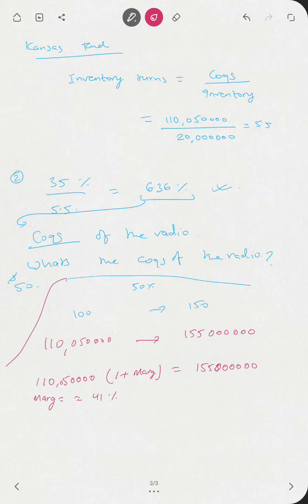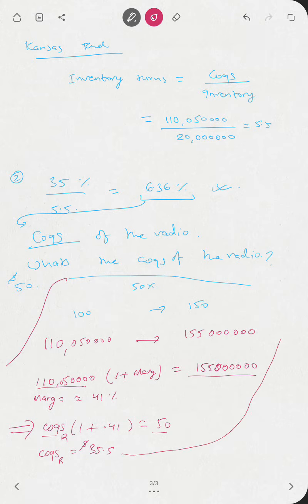Okay, so what that is saying is, whatever the COGS for the radio is, you multiply this by 1 plus 41%, and then you should also get 50. Exact same equation, right? Here is the COGS of the whole thing, here is the revenue for the whole thing, here is the COGS for the radio, here is the revenue for the radio. If you solve this, the COGS of this radio will come out to be $35.5. So that's what the answer really is.